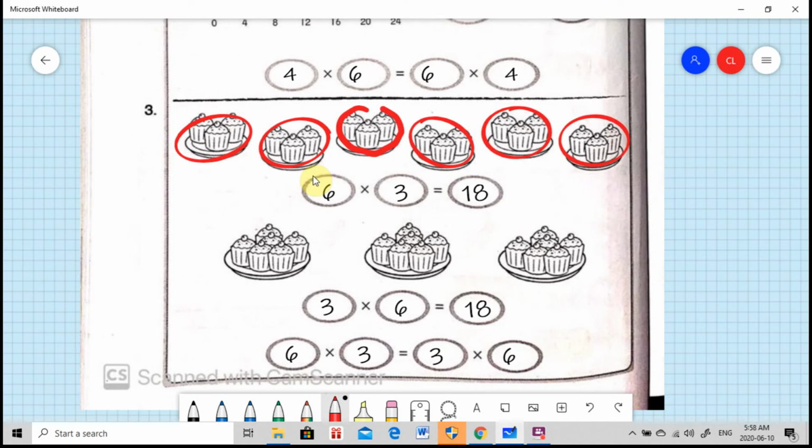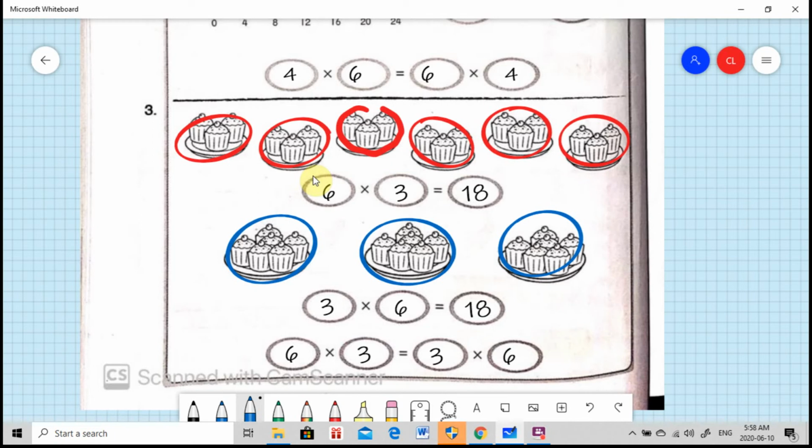So we have 6 groups of 3. 6 times 3, 18. What about this one? We have 1, 2, 3. We have 3 groups of 6. 3 groups of 6 gives us 18. 3 times 6, 18.